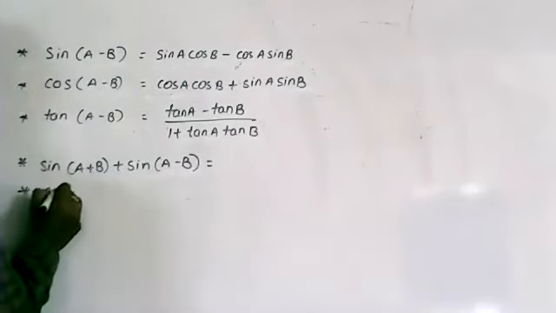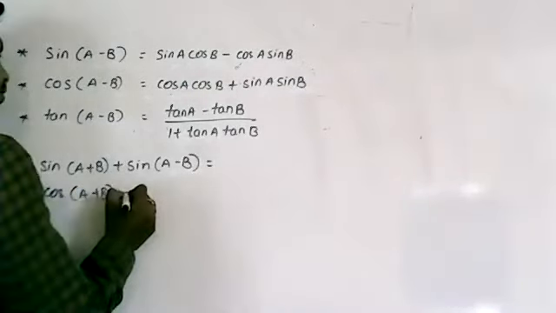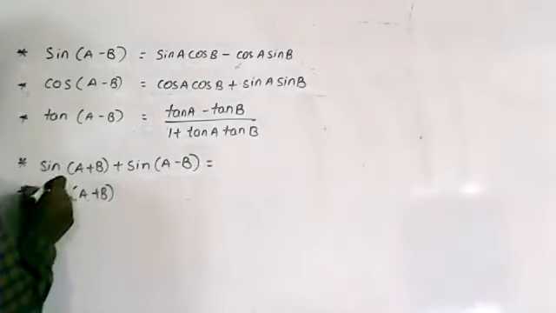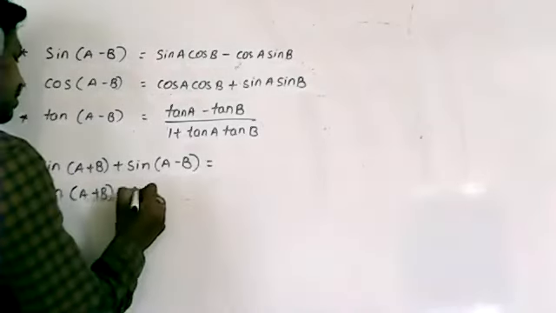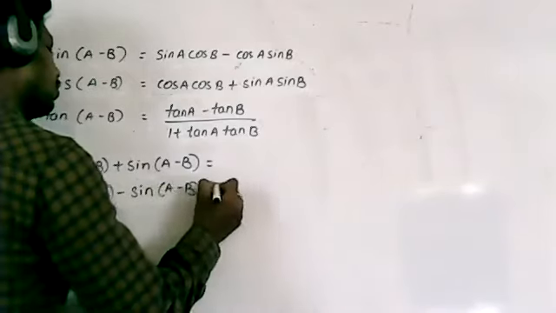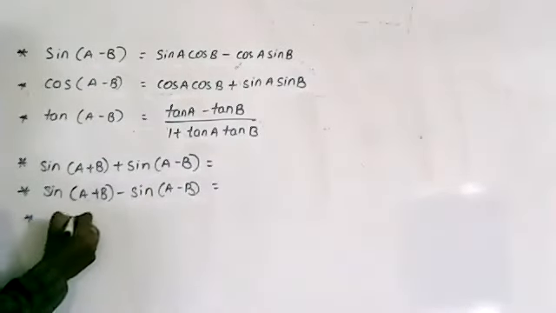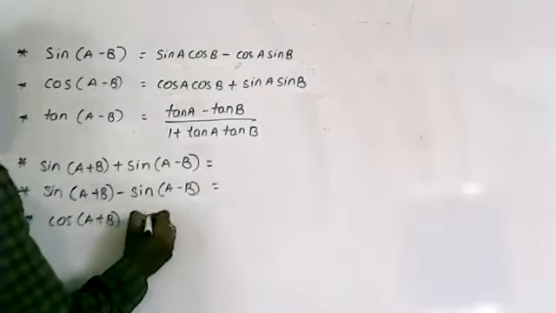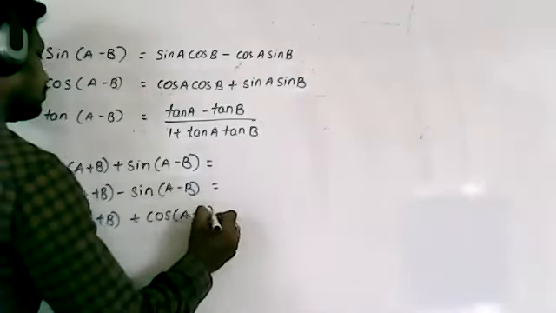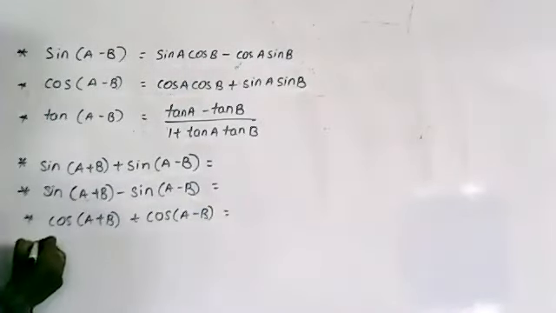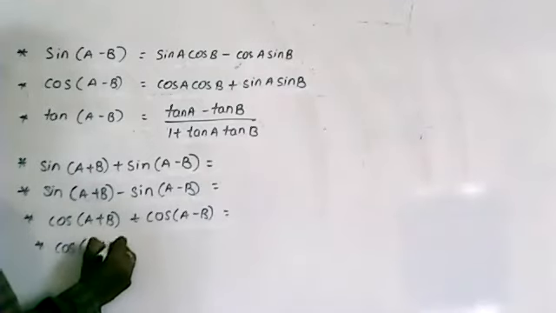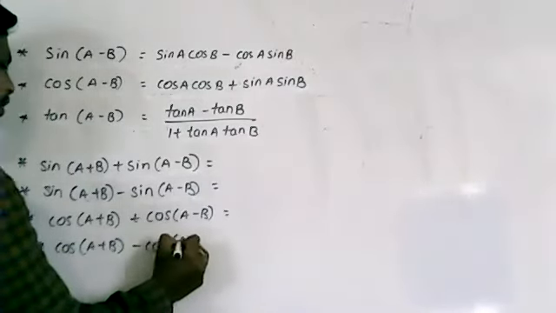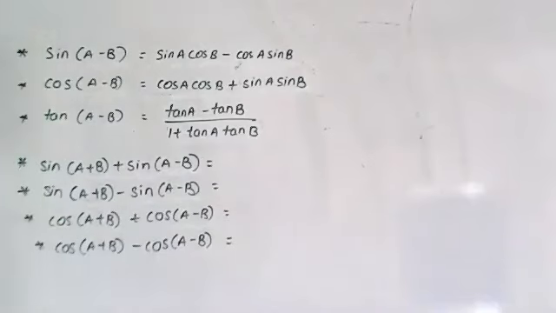And next, sin(a+b) − sin(a−b). The third one is cos(a+b) + cos(a−b), and the fourth one is cos(a+b) − cos(a−b). Find out these relations, which is very simple.